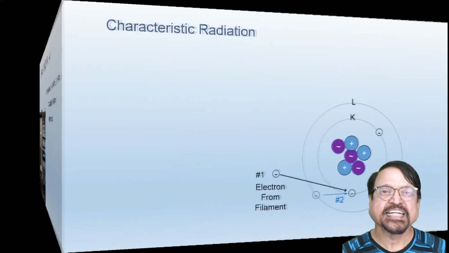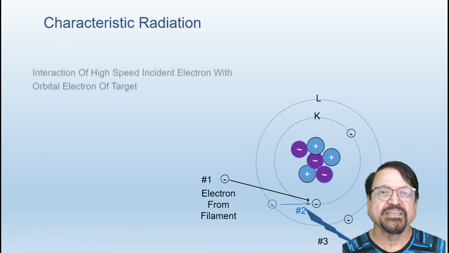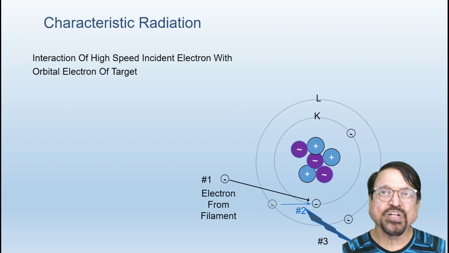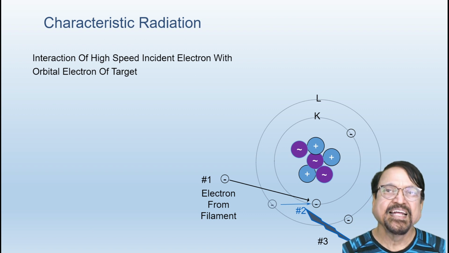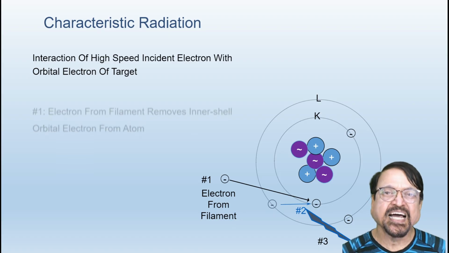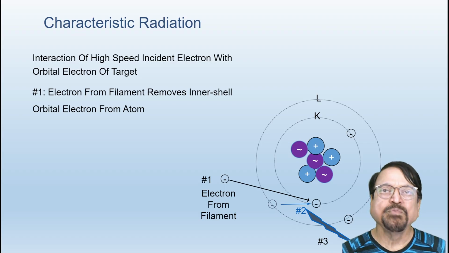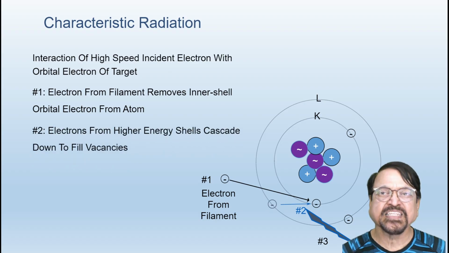Now here we are seeing characteristic radiation. Interaction of a high-speed incident electron with an orbital electron of the target is required to produce characteristic radiation. The electron from the filament removes an inner orbital electron from the atom. It is the same as what we have seen just now.